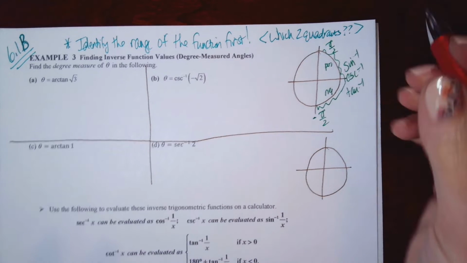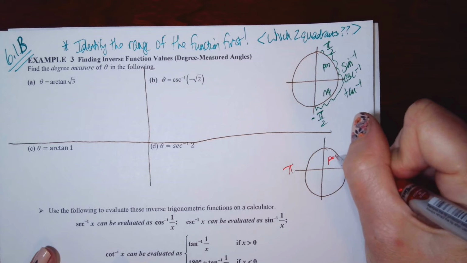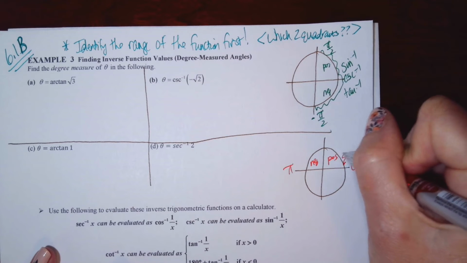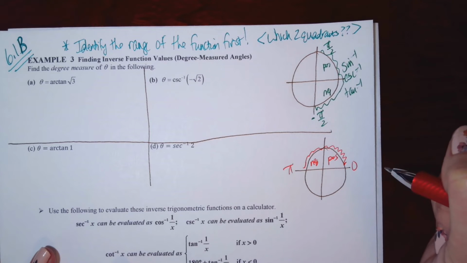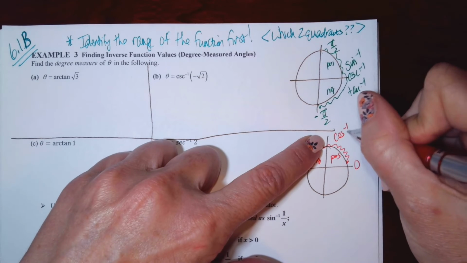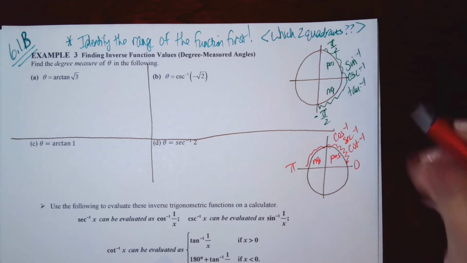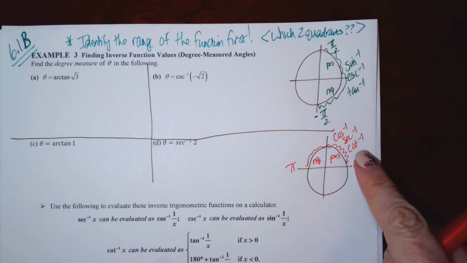And I know that from 0 to pi, I have all the positive and negative values. If I do these restrictions here from 0 to pi for cosine inverse, cosine's reciprocal secant inverse, or cotangent inverse, because cotangent inverse has that x in the numerator.